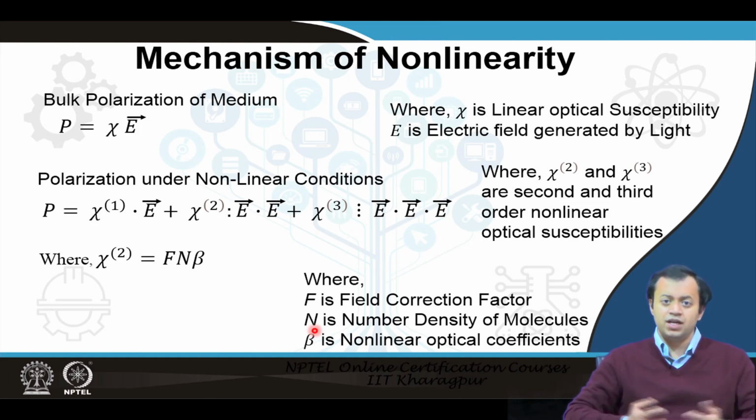I told you that at the end of the day refractive index depends on epsilon and mu, but both refractive index, epsilon and mu are vector quantities, right.